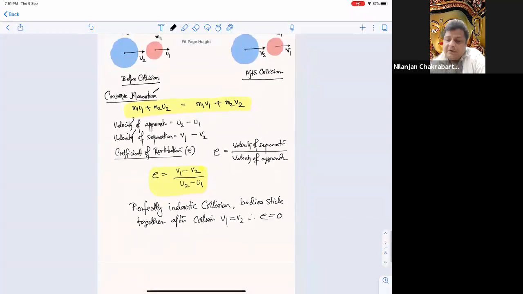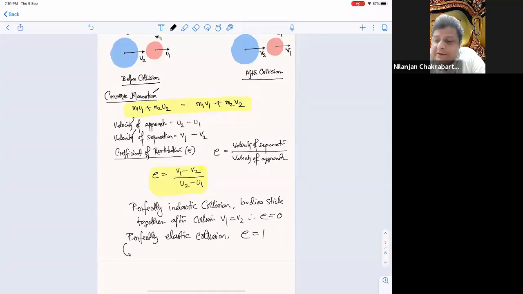And there is one extreme case, that is perfectly elastic collision. There e is equal to 1. Velocity of separation equal to velocity of approach. And also in perfectly elastic collision, the kinetic energy is conserved.